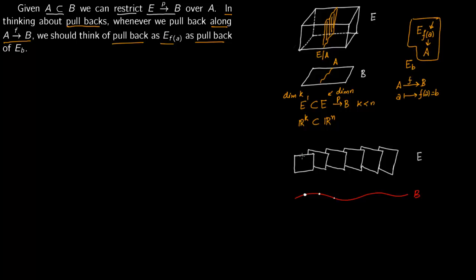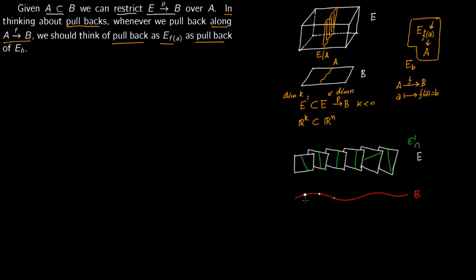Now we want to consider a sub bundle. So now I'm going to draw the sub bundle. The sub bundle is contained in our main bundle. So E prime here is contained within E. Here you can see this more clearly.